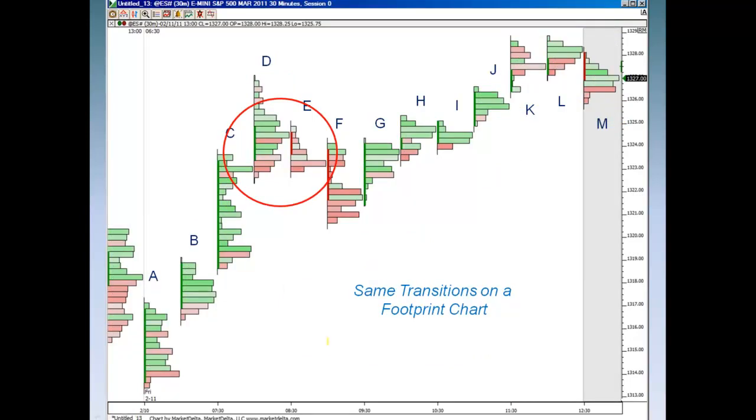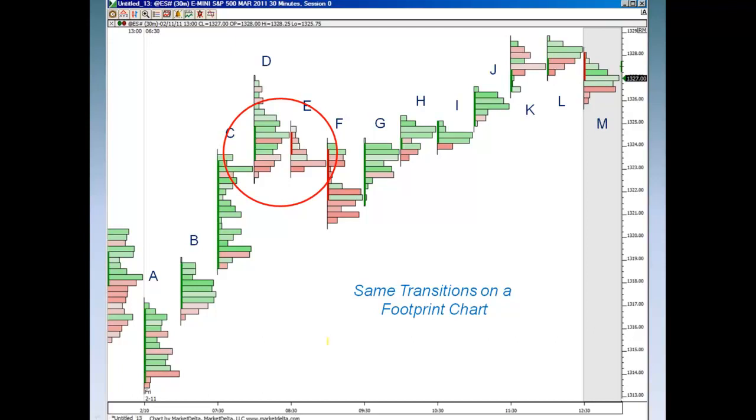All right, now I want to look at this same chart, the same exact day, but on a different image. This is a footprint chart again, but this time the footprint chart is really displaying a profile for me. And I wanted to show you this because there are many different ways that we can identify or visually interpret the information that we have.